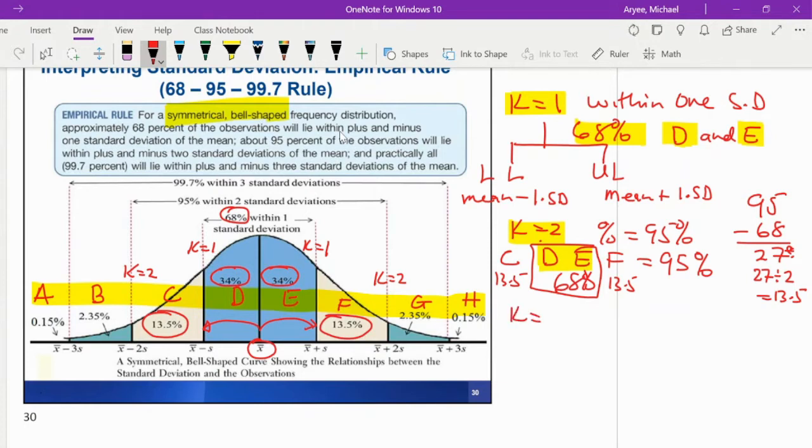Now, when k is equal to 3, the percentage is 99.7%. What does it mean?